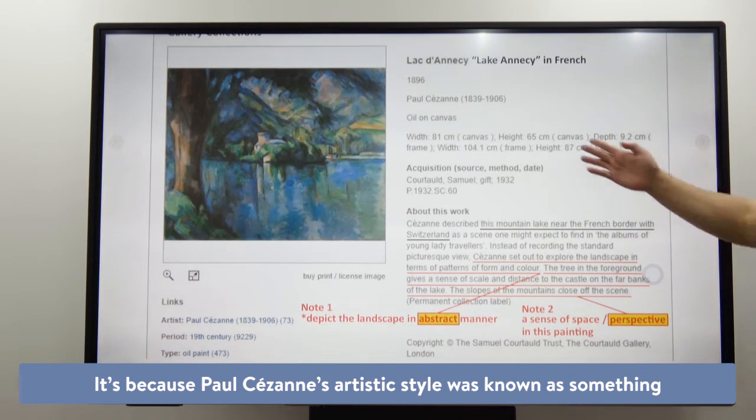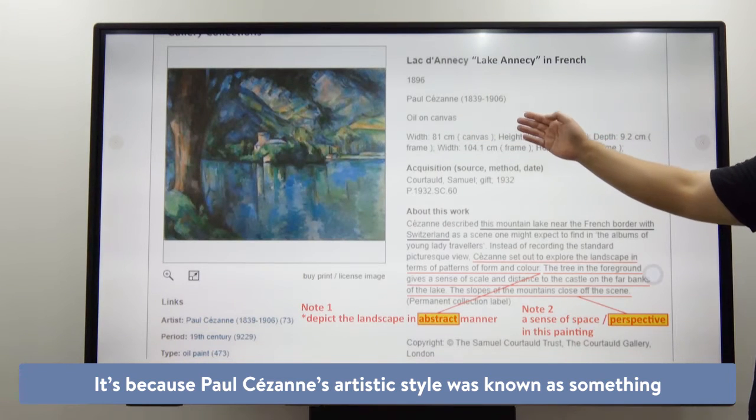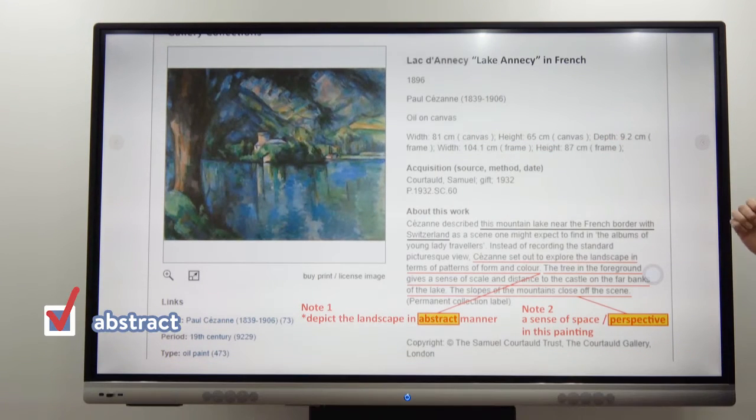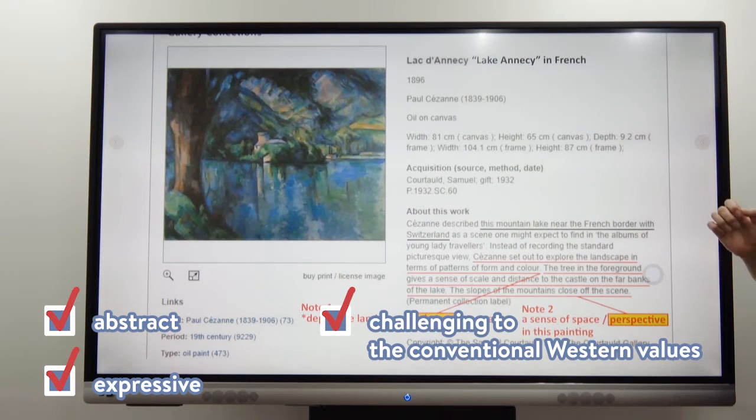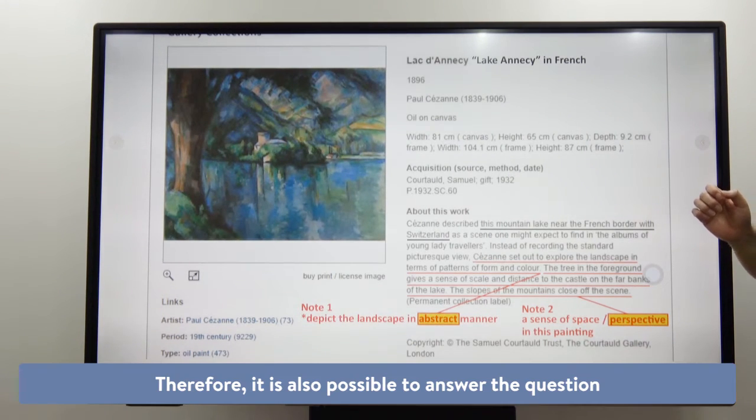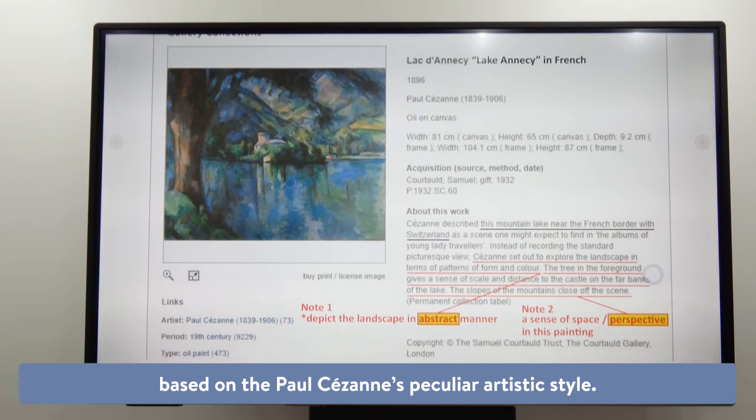It is because Paul Cézanne's artistic style was known as something abstract, expressive, and challenging to the conventional Western values. Therefore, it is also possible to answer the question based on Paul Cézanne's peculiar artistic style.